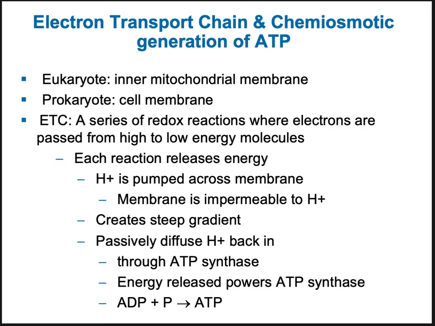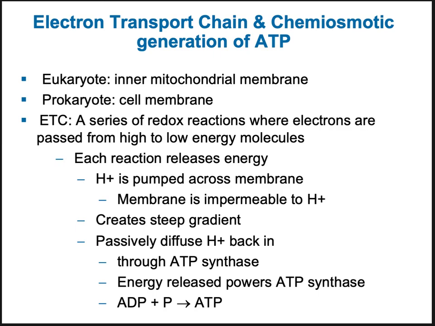But this pumping of protons only happens because of the redox reactions. The passing of electrons down the chain allow you to pump these protons, and pumping these protons traps them. The membrane is impermeable to H plus, to protons, and so you create a very steep gradient.